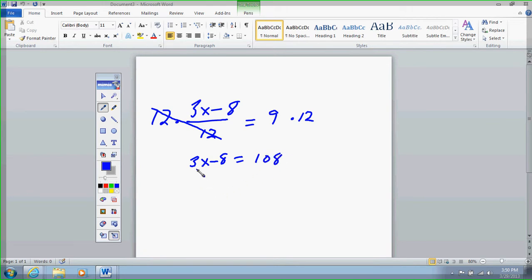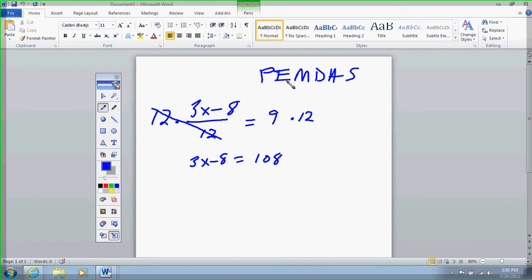Continuing, still trying to get x by itself, but I have 3 being multiplied with the x, and I have 8 being subtracted from the 3x. Well, what do I do next? Remember I told you when we solve equations, we use PEMDAS backwards.